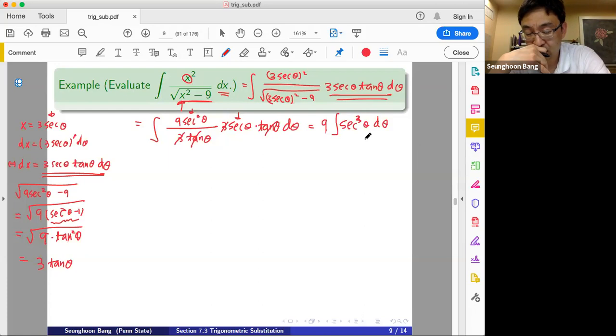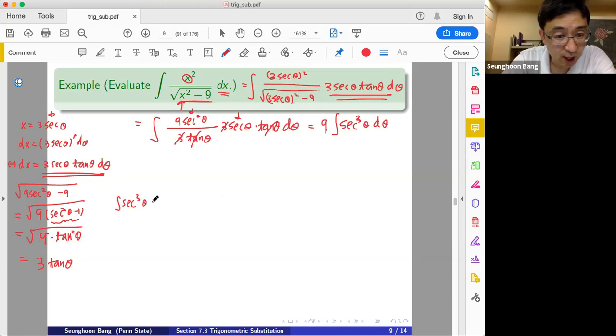Okay. Oh yeah. The secant squared times secant, this is one idea. I'll explain it here. What is the integral of secant cubed theta d theta?